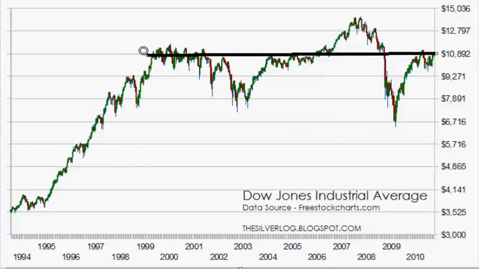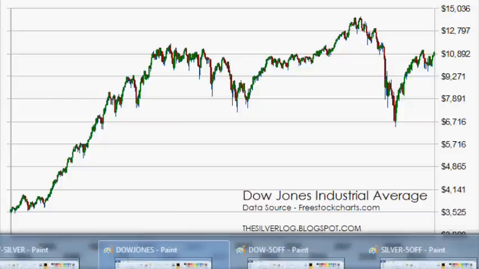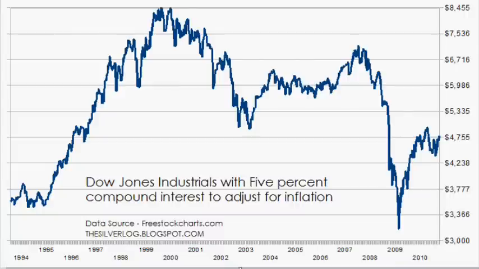If people bought in 1999, 2000 at Dow 11,000, and they sell today at the exact same price, their purchasing power has been destroyed. And 5% may be a conservative number. Maybe it's more along the lines of 8 or 9, and it does fluctuate from year to year. But within this example, I'm doing 5% per year.